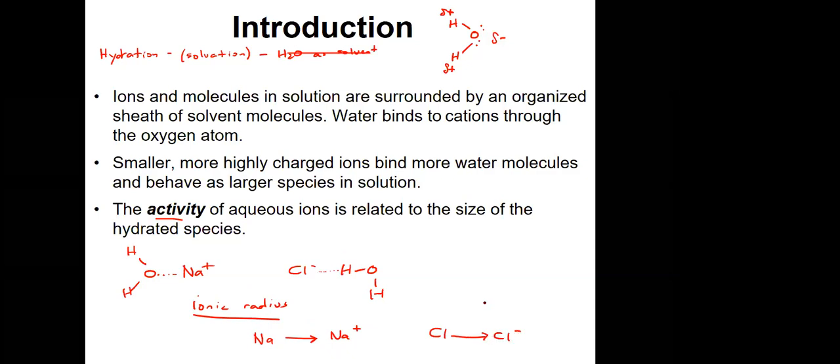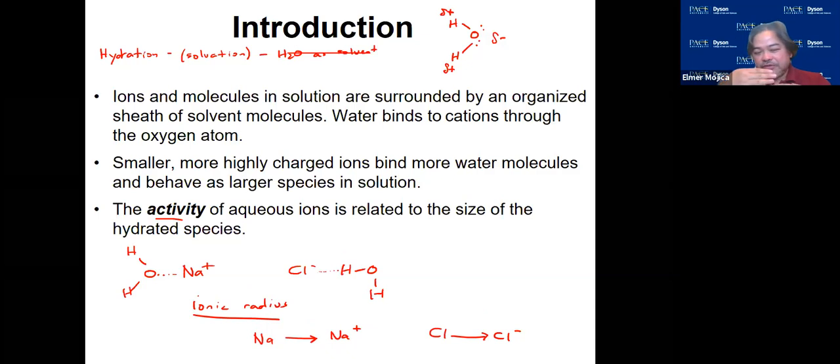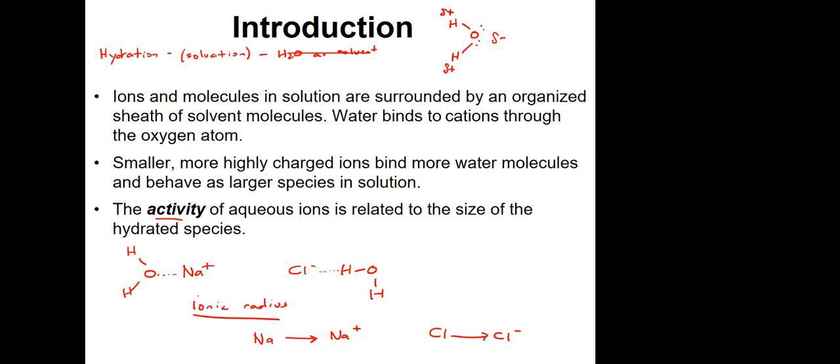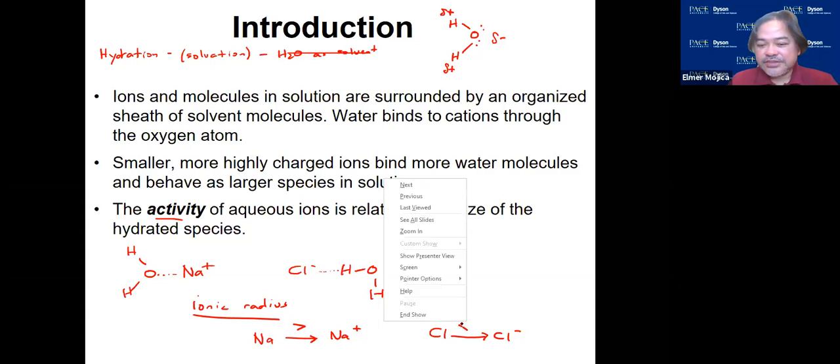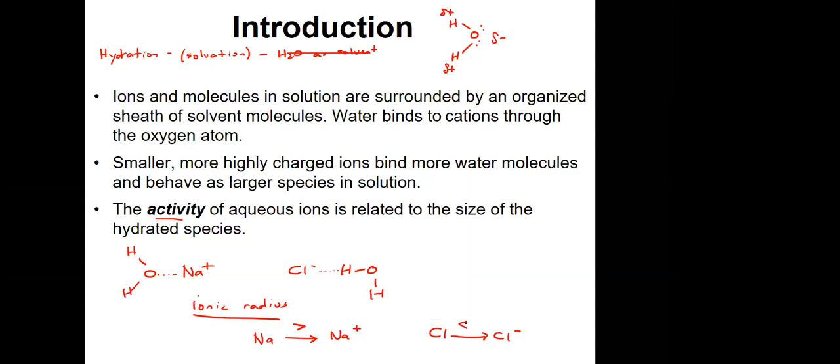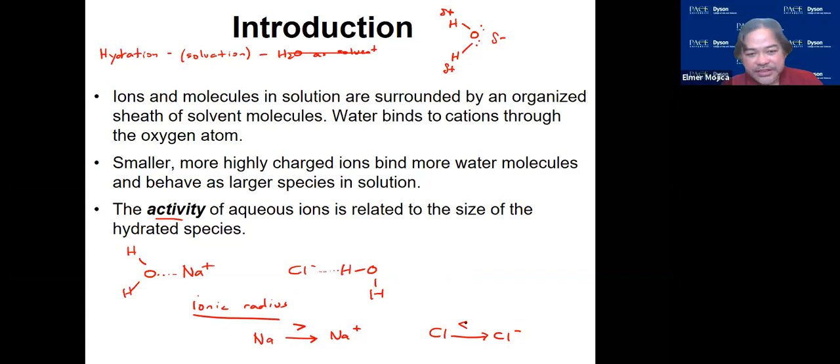So how is the ionic radius compared to the atomic radius that they have? Anyone, if you still recall your Gen Chem 1? Wouldn't the cation be smaller than the normal version? Smaller, and the anion will be larger. Yeah. Okay, so usually that's the behavior of your ionic radius.